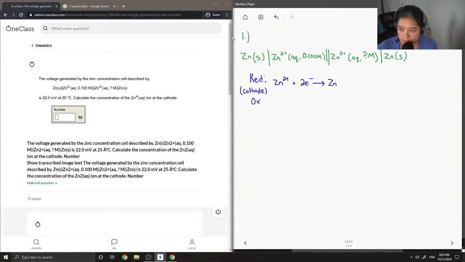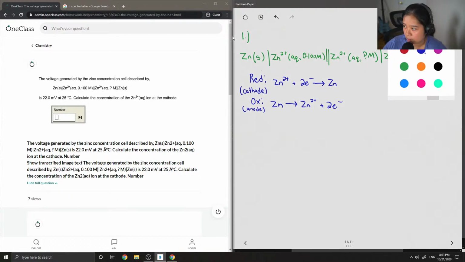And then our oxidation reaction takes place in the anode. And in the oxidation reaction, your zinc is oxidized to zinc 2 plus plus 2 electrons.